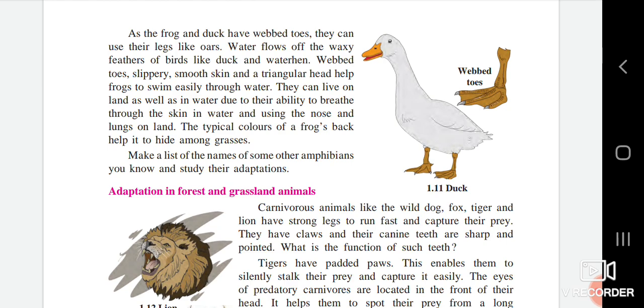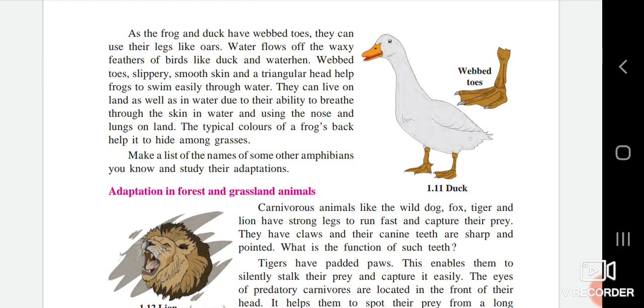Now webbed toes, slippery, smooth skin and triangular head help the frog to swim easily through water. So what are the features which help frogs to swim easily through water? Webbed toes, slippery and smooth skin, and triangular head. These four or five things you have to remember. They can live on land as well as in water.